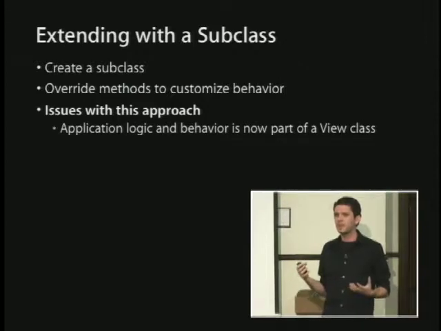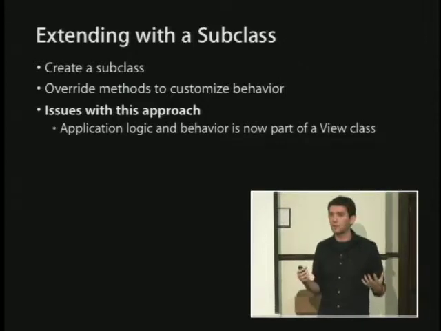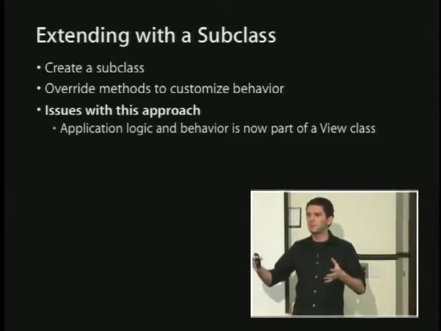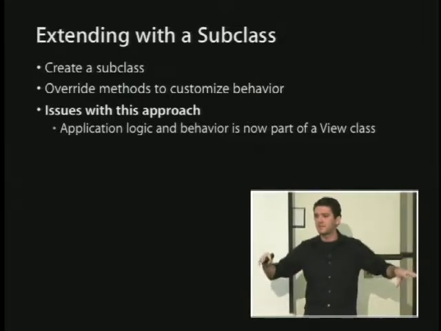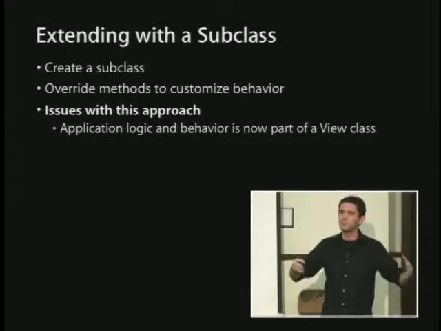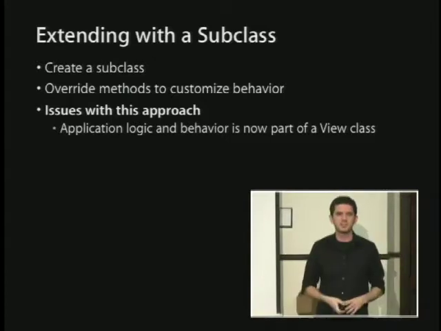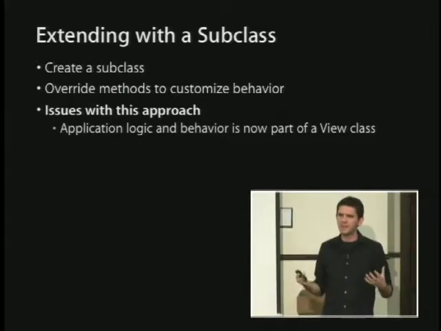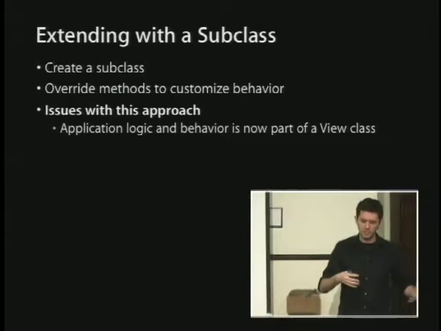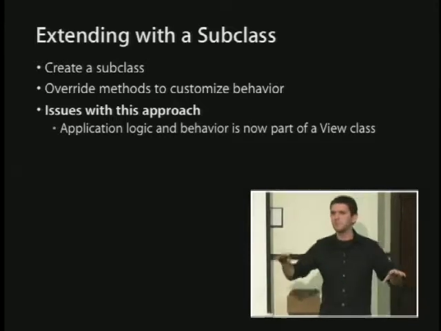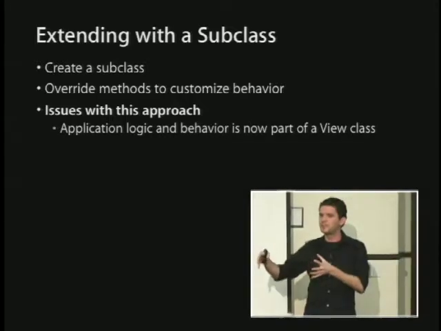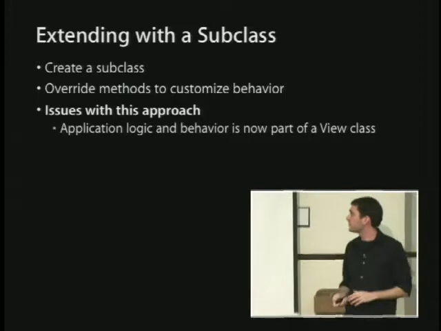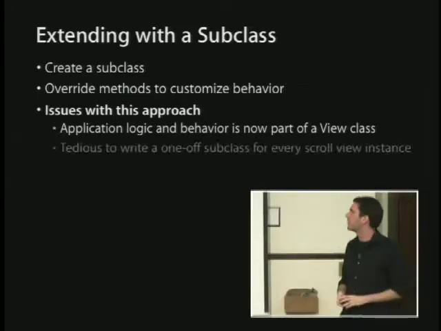You may have some custom scrolling logic that you only care about in one view controller, but you want to reuse your scroll view in multiple different places. If you had to subclass it for every different one, you'd end up with a lot of different subclasses of scroll view and specific application logic in the views, when we're really trying to maintain this model view controller paradigm where the controller is the thing that's determining the application logic. So it kind of breaks that if we were to do the subclassing approach.